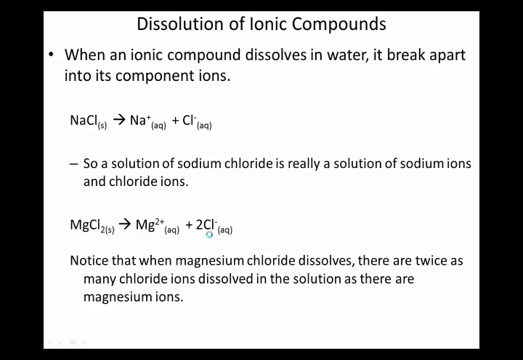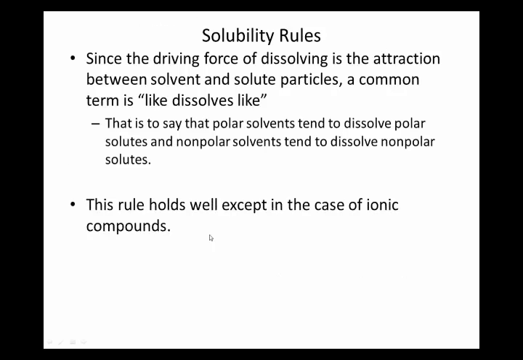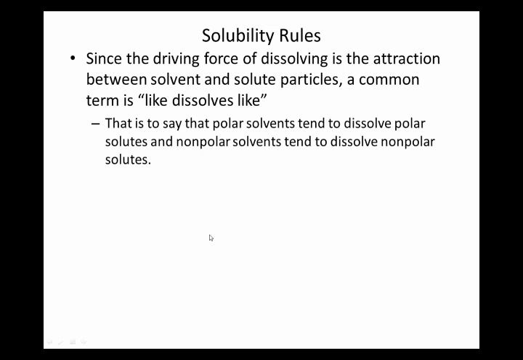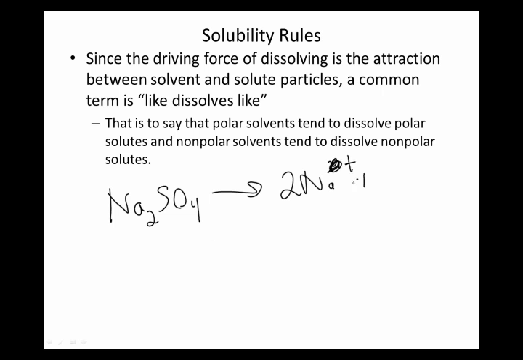So here's the solubility rules I talked about earlier. Ionic compounds, it works very well. And we're going to come back to that, but I want you to know that ionic compounds fall apart. Another thing that's really critical, if you consider sodium sulfate, it's going to dissociate into 2 sodium ions and 1 sulfate ion.